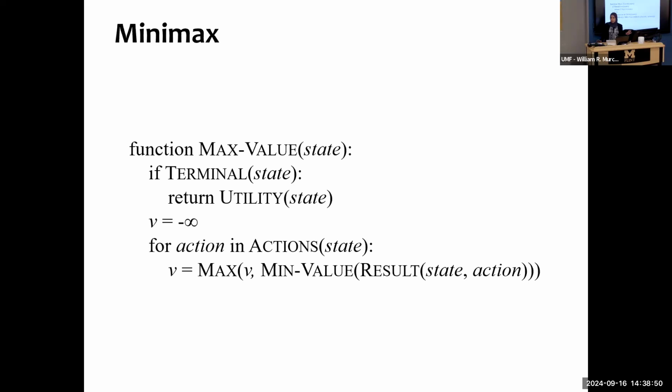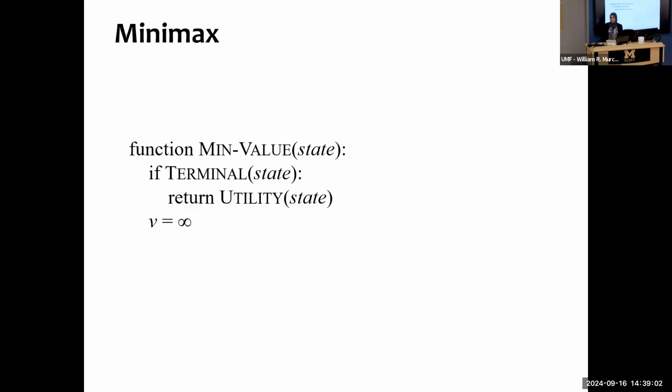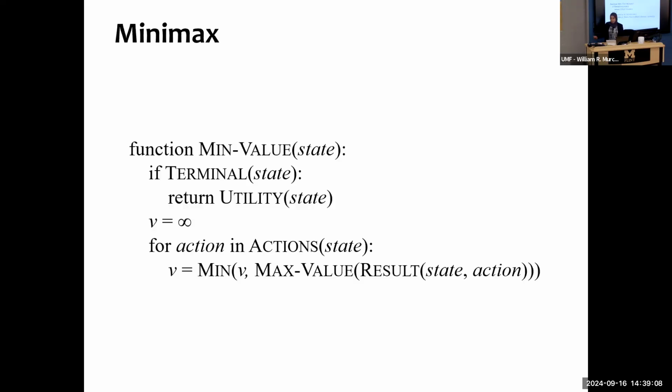Okay, so the concept is simple, and we are going to return in all cases the value of that variable v. The same concept applies for the min value, where we are going to initialize this value v to a positive infinity value, and we are going to compare within the for loop in order to get the min value and return that value. Okay, as simple as this.